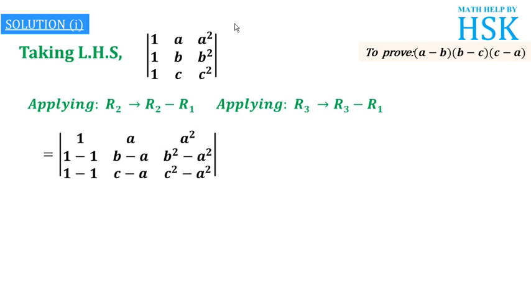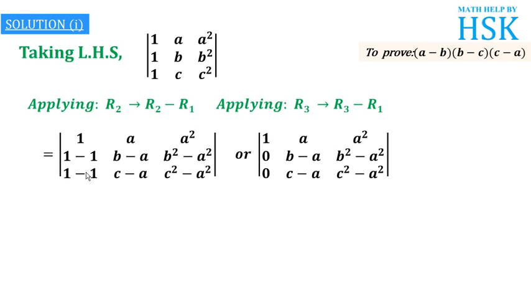Applying the property, you can see I have subtracted the elements of the first row from the second row to obtain 1 − 1, b − a and b² − a². Similarly, I have subtracted the elements of the first row from the third row to obtain 1 − 1, c − a, c² − a².